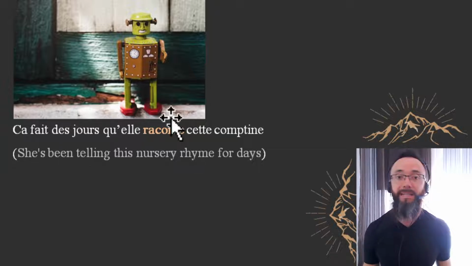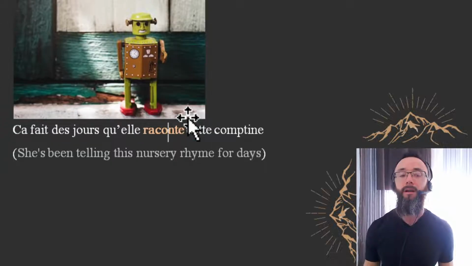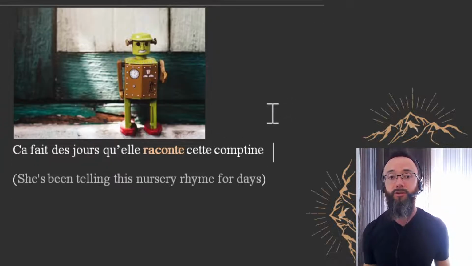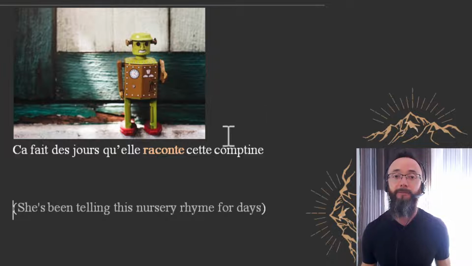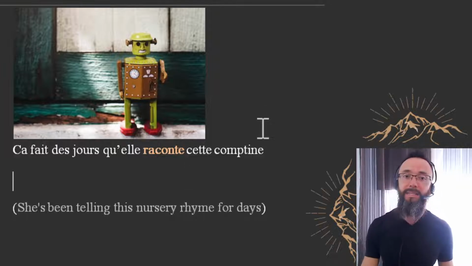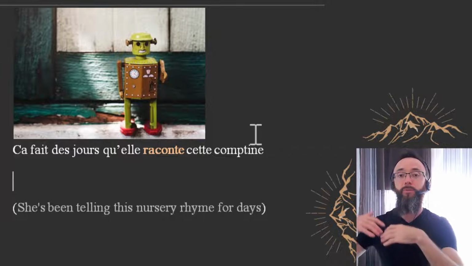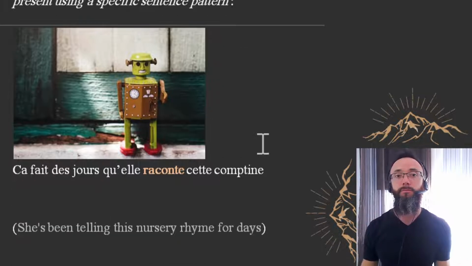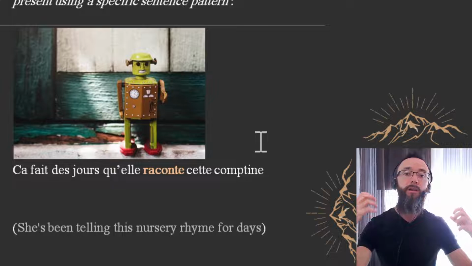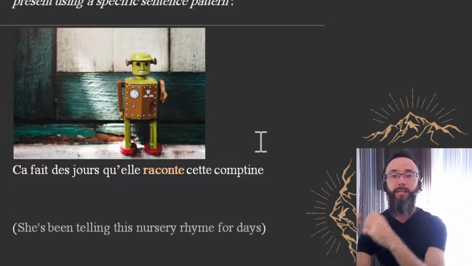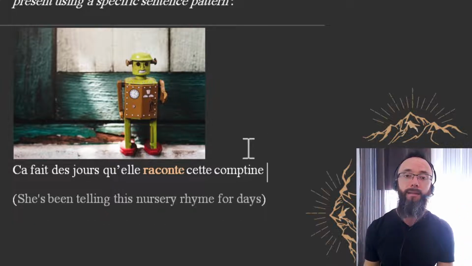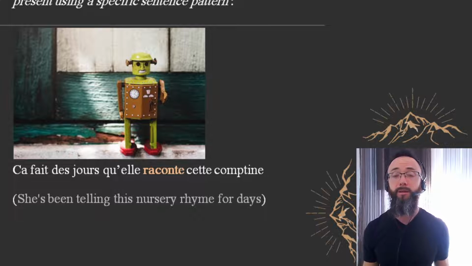Elle raconte. She's been telling. Not at all the same. But this sentence structure I told you about is ça fait des jours qu'elle. It's been days. And this sentence structure will allow you to explain that something started in the past is still taking place in the present. It is a bit more complex, but it is good to know that you can use the present tense in that situation.